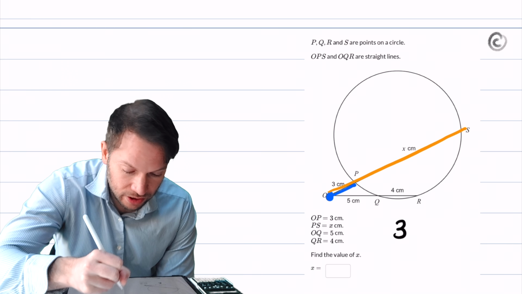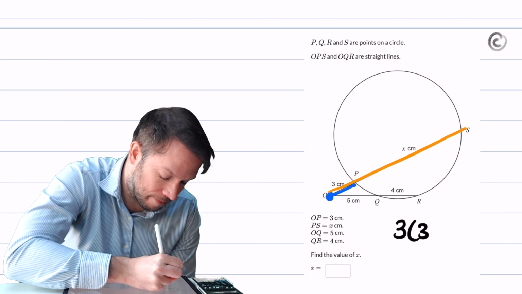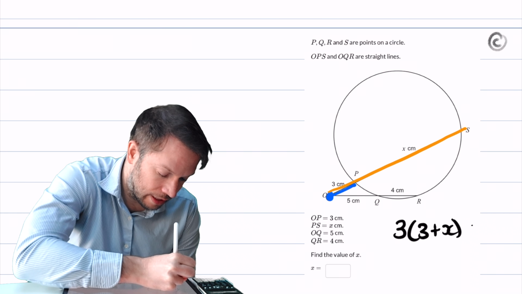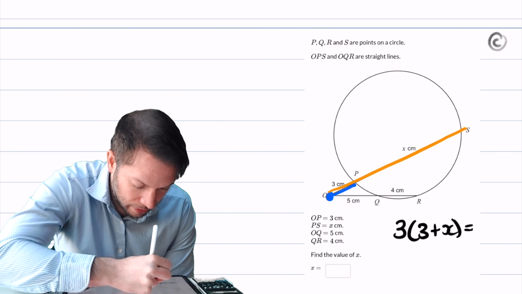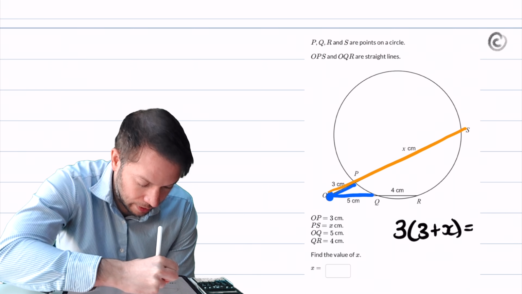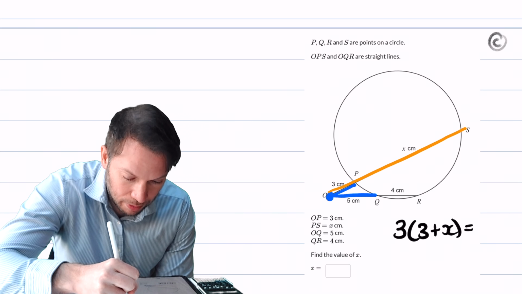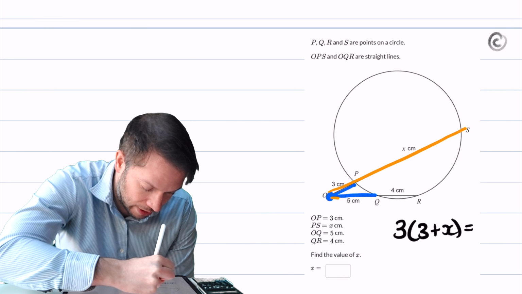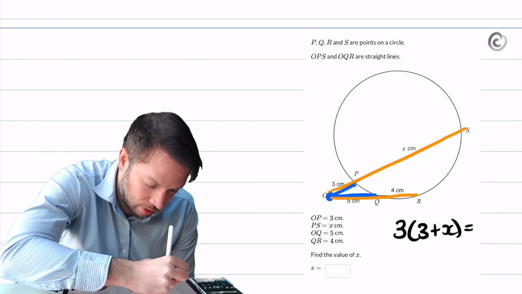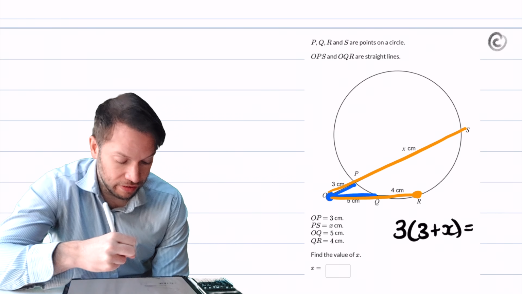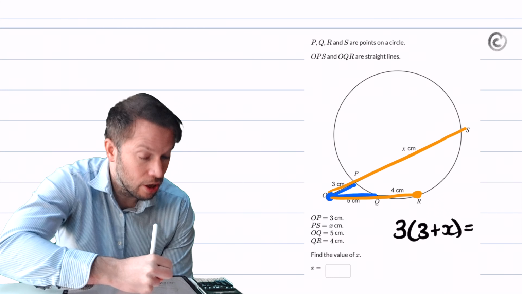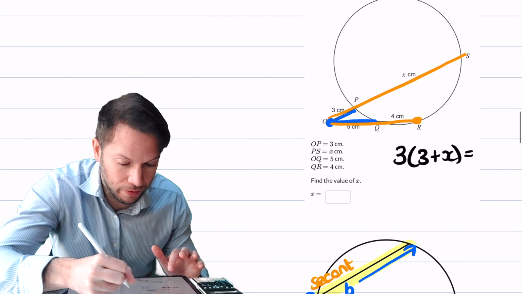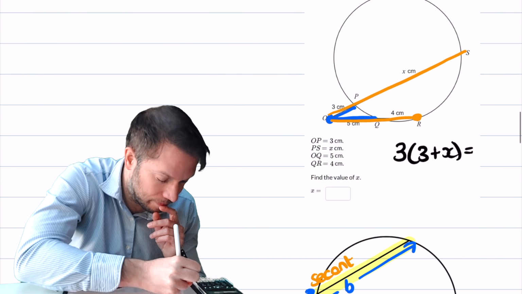So it's 3 times 3 plus x, I'll use a bracket there, is equal to, and then if we look at the other side, we've got this length here, the 5, multiplied by the length from that point again to the other point where that secant crosses the circle. So that length is 9. It's 5 times 9, not 5 times 4. So we've got 5 multiplied by 9.